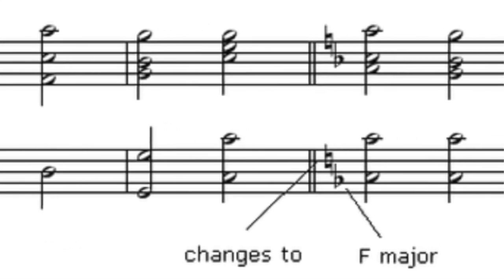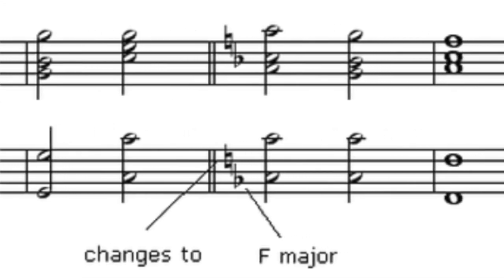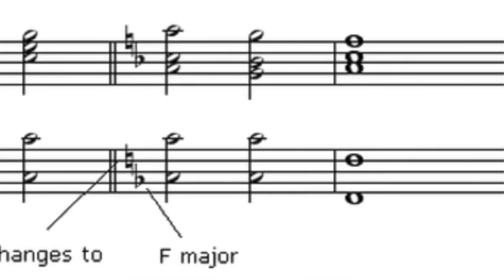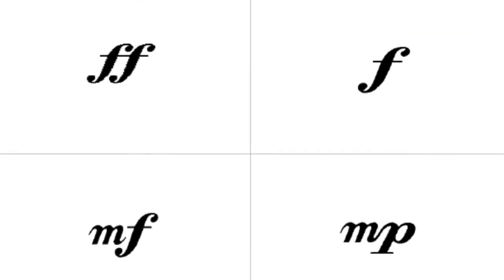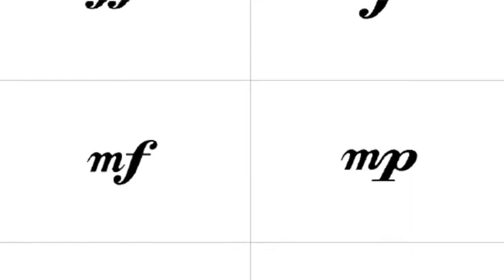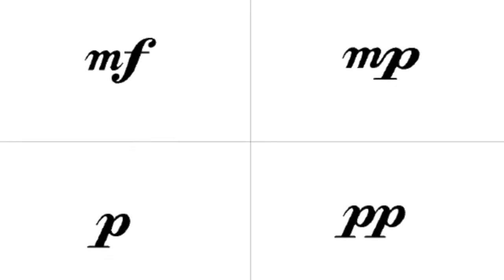But as long as you understand the absolute foundations of music theory as we have explained, these changes will pose no issues for you. Keep a lookout for other symbols that may appear, such as accents, dynamics, repeats, articulations, and so on. Don't know what those are? Not to worry, we'll cover that in a future video.